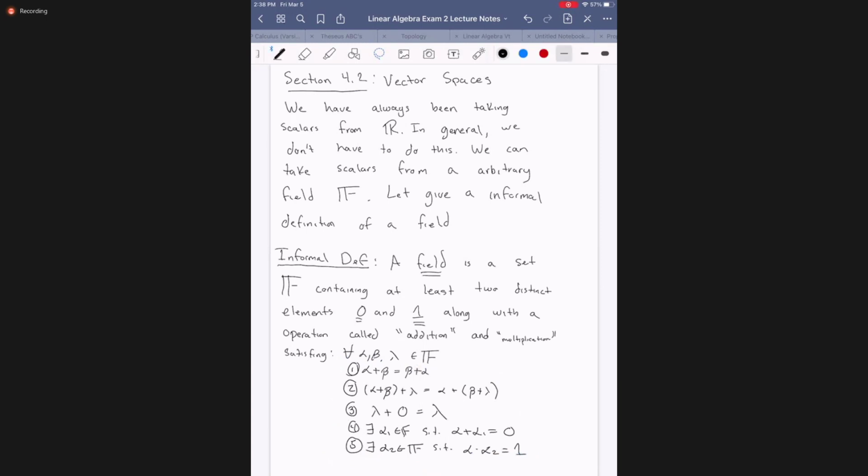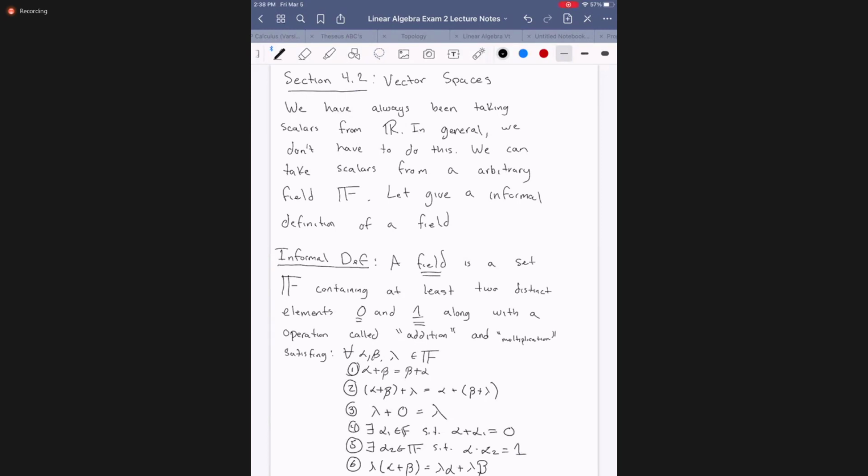And then 6, lambda times alpha plus. So we also have distribution here. Okay, perfect.